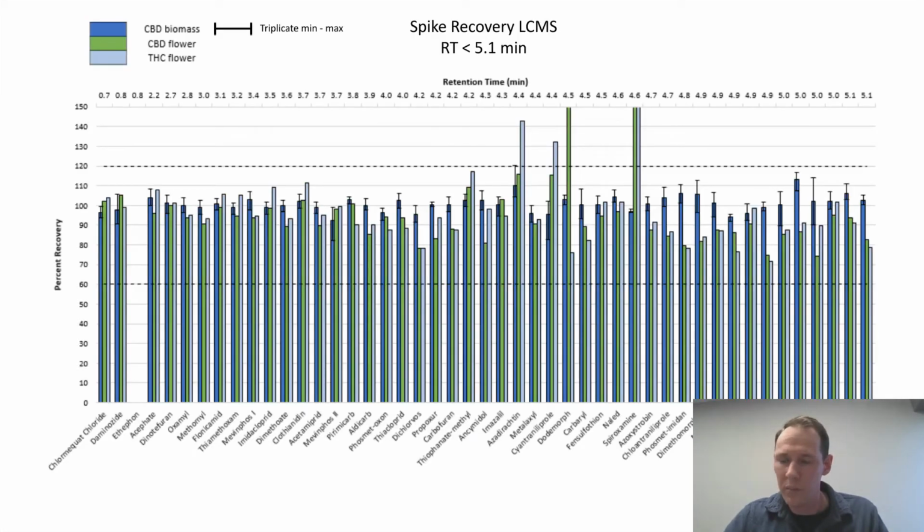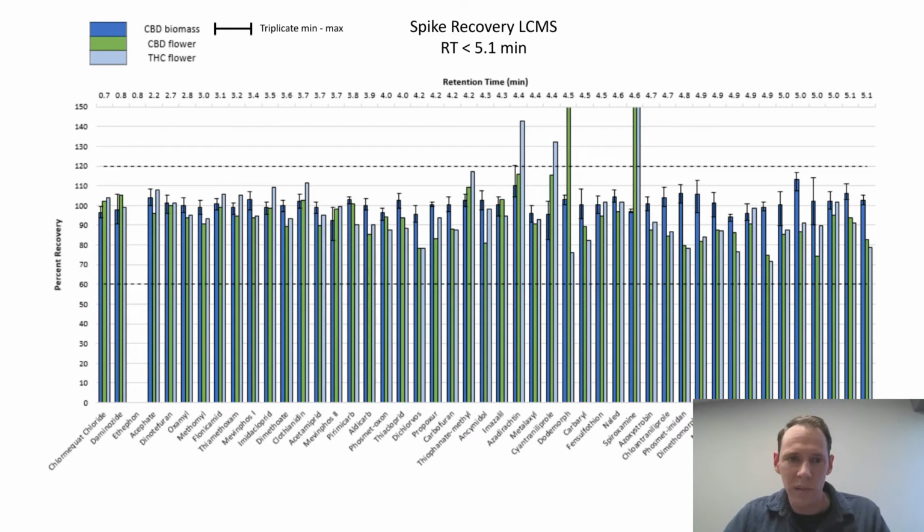So here are the spike recovery results for the first half of the LCMS pesticides. The second half is shown on the next slide. These results are ordered by retention time, so the earlier eluting pesticides are to the left and the later eluters are to the right. The horizontal dotted lines represent the AOAC acceptable range for percent recovery, between 60 and 120%.